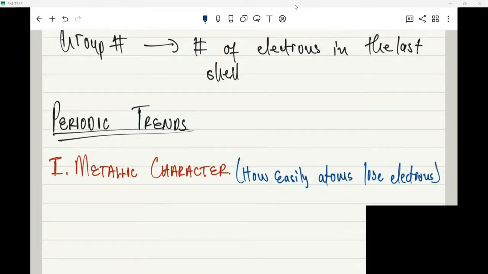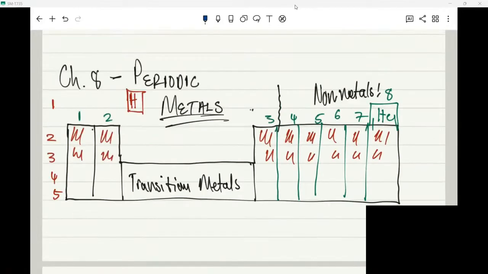So we know that metallic character is going to be high on the left and low on the right, because the things on the right are non-metals. They can't have metallic character. They hate to lose. So if you pick something in group 7, it will have no metallic character at all. We say it has a non-metallic character.